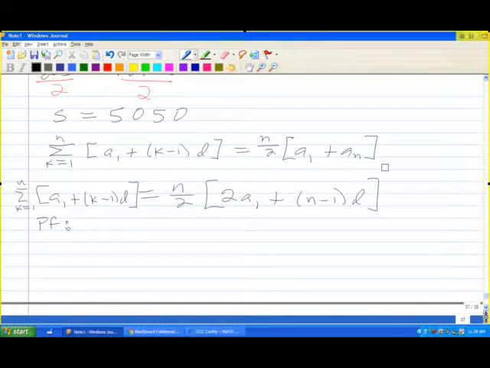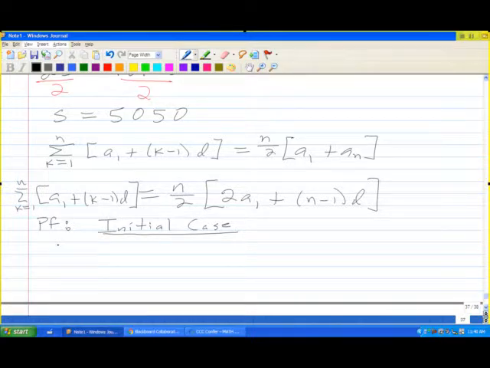So first, let's do this by induction. So let's do the initial case. Well, let's show that this is true for the case n equals 1. And so let's replace n here by 1.